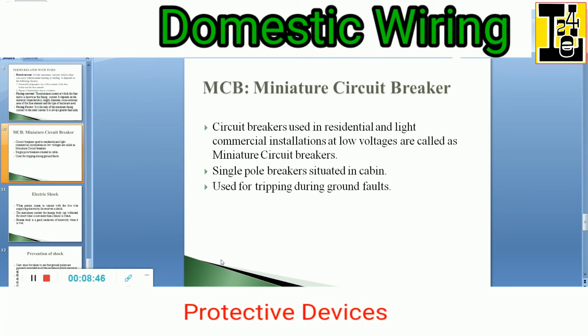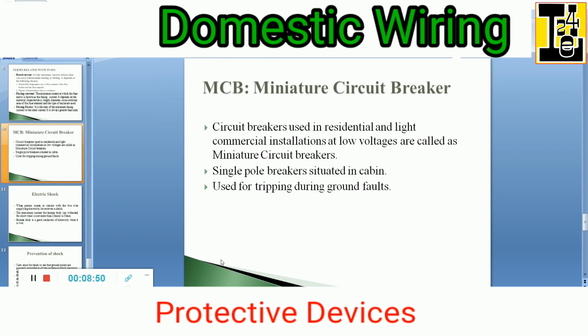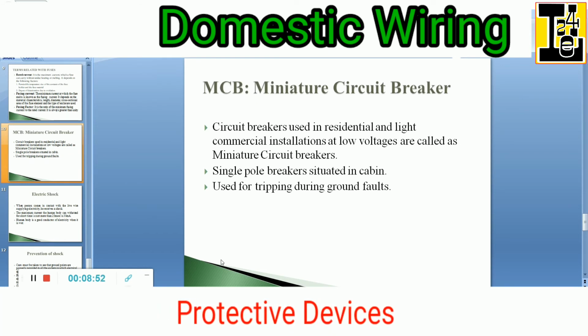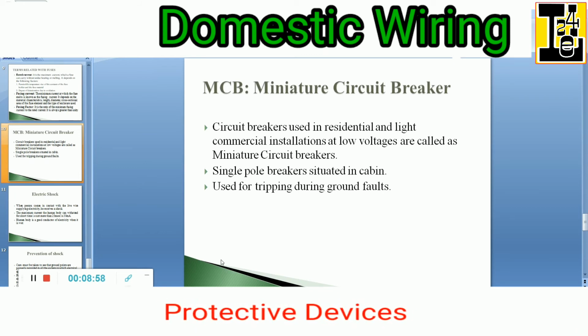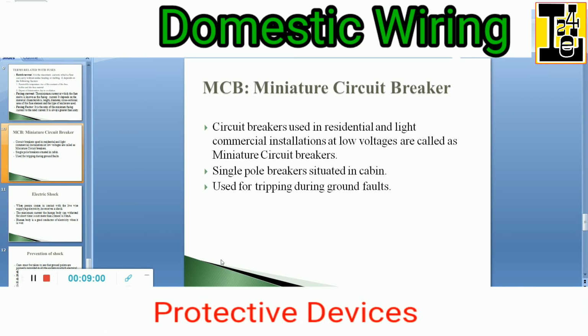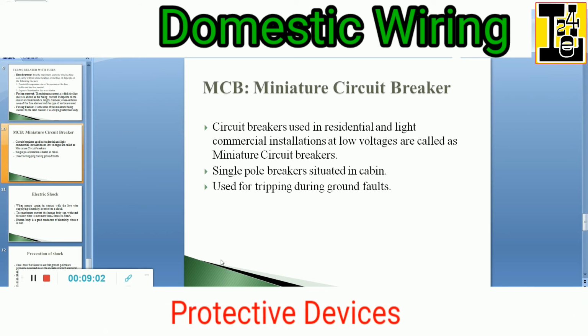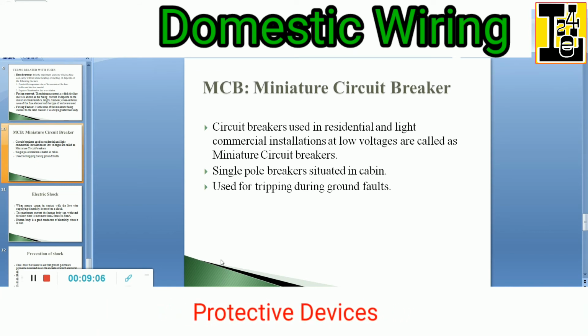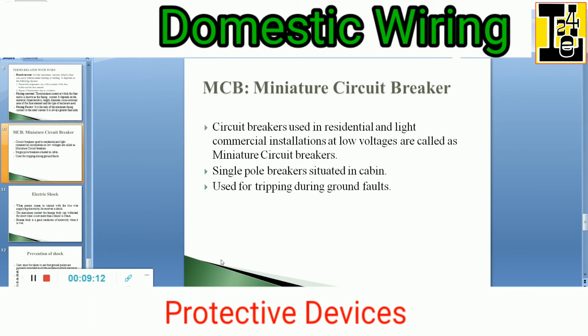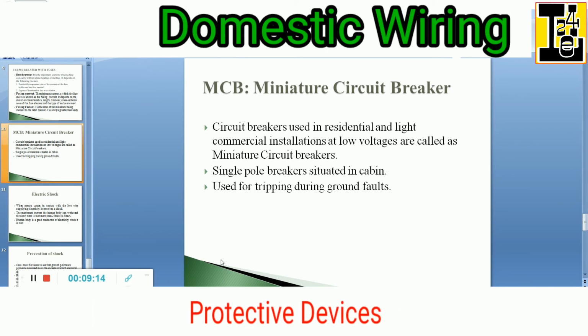A miniature circuit breaker is an electromechanical device which makes and breaks the circuit in normal operation and disconnects the circuit under abnormal conditions when current exceeds a preset value. MCB is a high fault capacity current limiting trip-free automatic switching device with thermal and magnetic operation to provide protection against overload and short circuit.